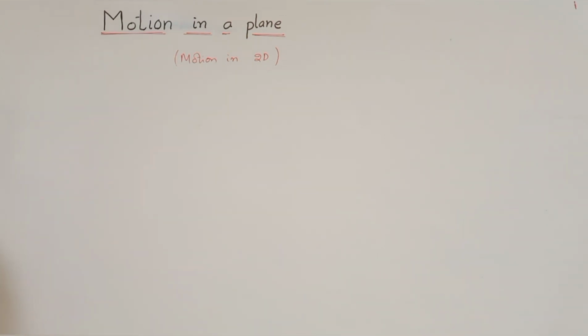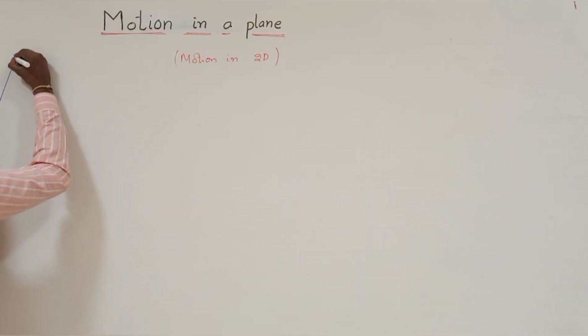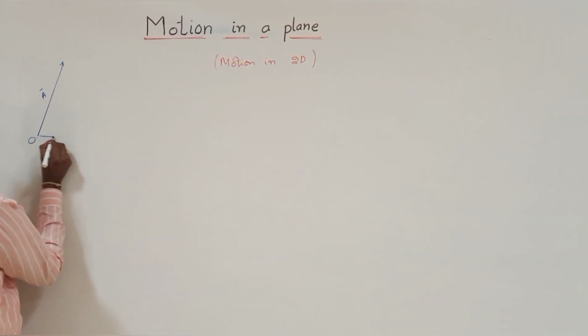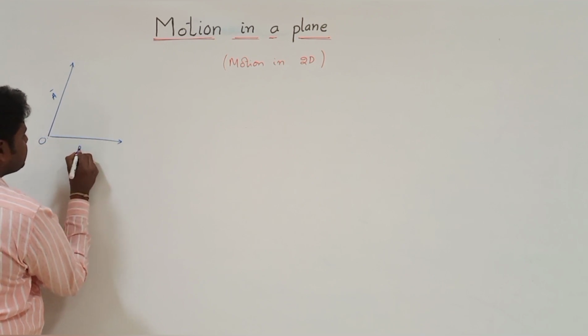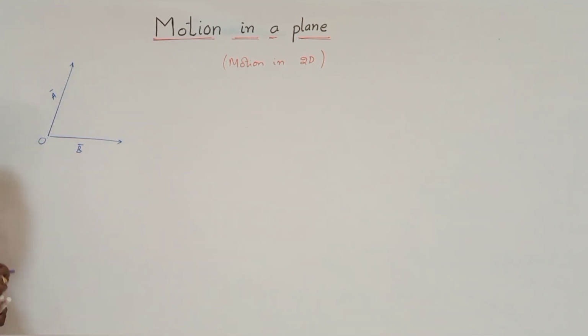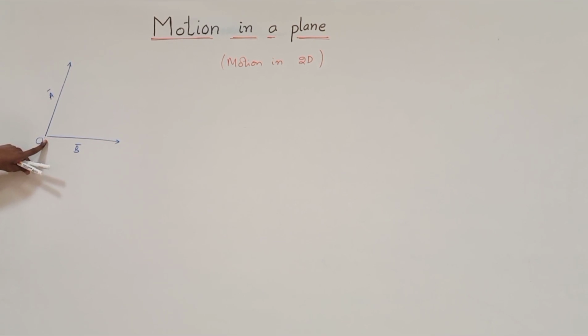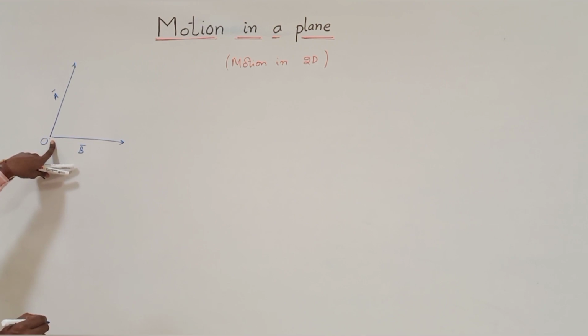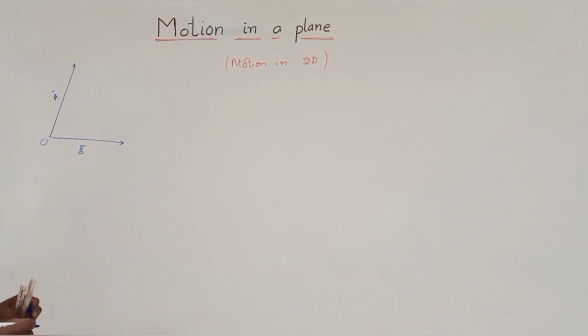Let's say this is a point and vector A is there. Of course, this is vector B. Remember, the starting point of vector A is same, the starting point of vector B is also same. Now, how to write a resultant of these two?